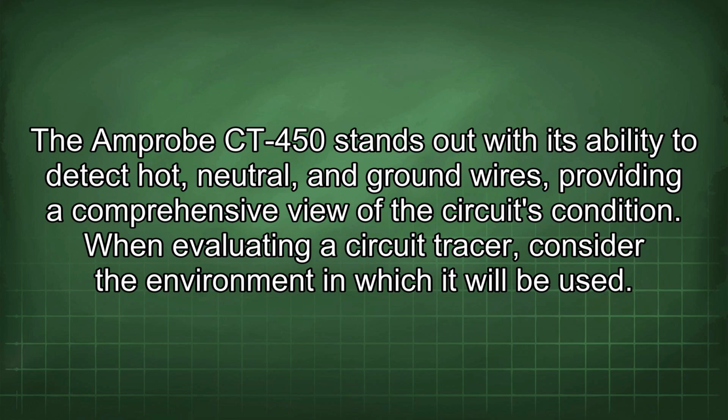The Amprobe CT-450 stands out with its ability to detect hot, neutral, and ground wires, providing a comprehensive view of the circuit's condition. When evaluating a circuit tracer, consider the environment in which it will be used.